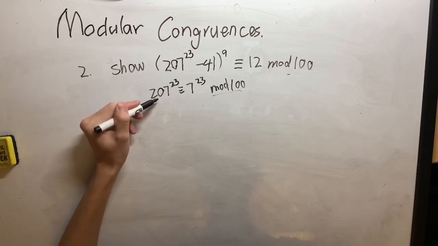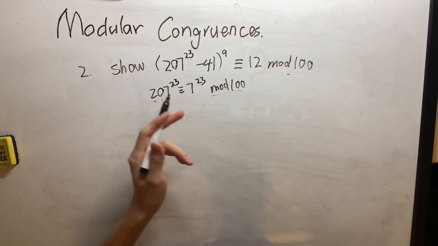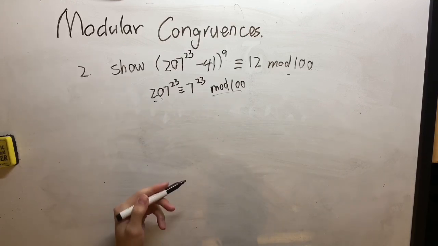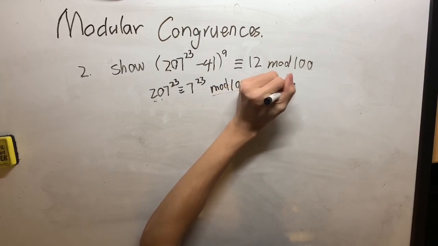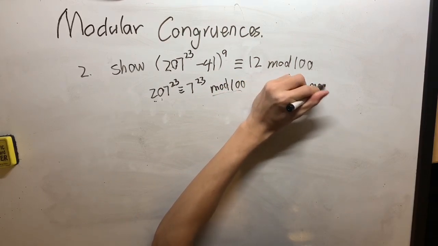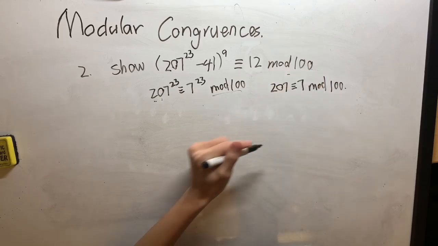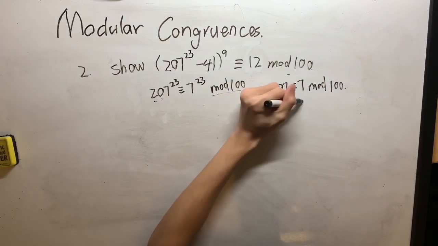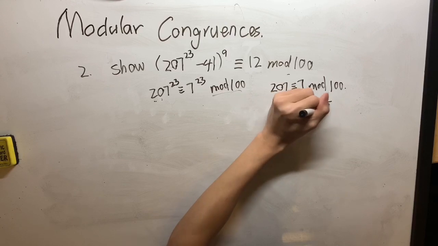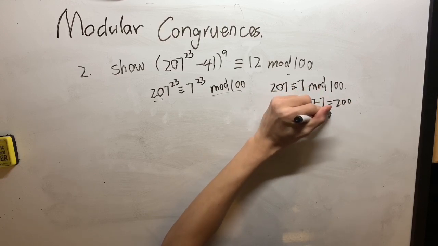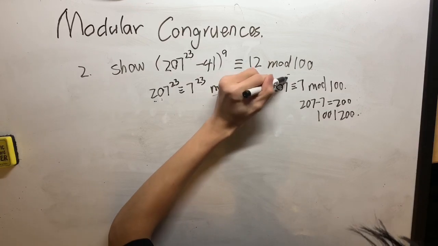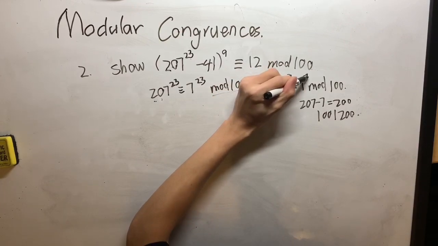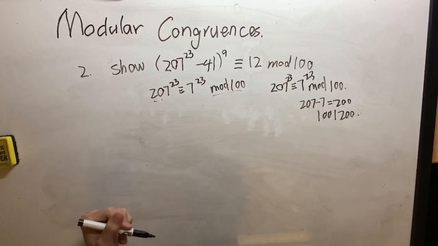However, these 2 digits do not affect the last 2 digits of the number. You can also prove this by knowing that 207 is congruent to 7 mod 100. 207 minus 7 equals 200, and 100 divides 200. Thus, 207 to the 23 is congruent to 7 to the 23 mod 100.